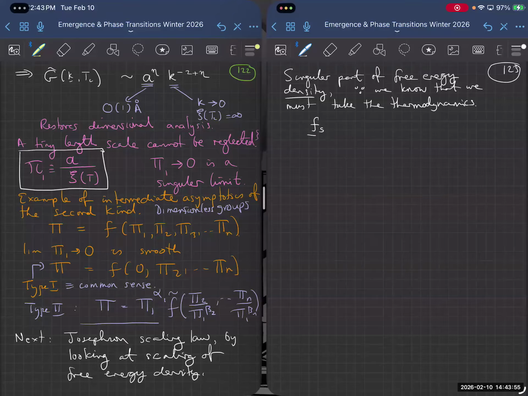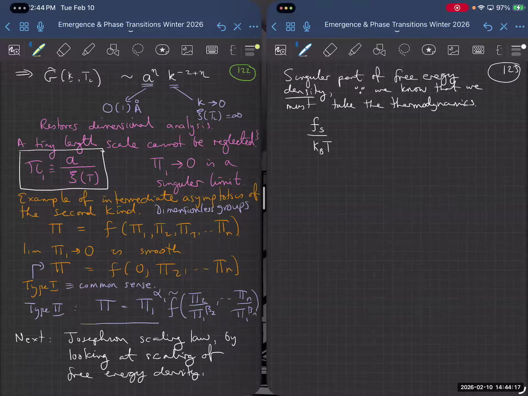And normally we know that this comes in the Boltzmann factors like e to the minus energy over kT and things like this. So we know that really the appropriate variable to be thinking about is the free energy density divided by kT. And that then will be a dimensionless quantity.